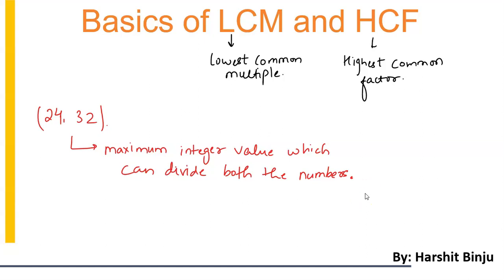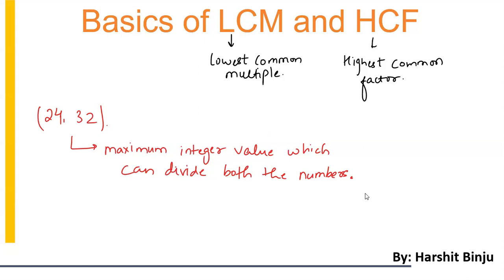I'm looking for the maximum integer value or maximum number which can divide both the numbers. This is basically what is asked when you're asked to calculate HCF. You're looking for that highest possible number which can divide both the numbers.